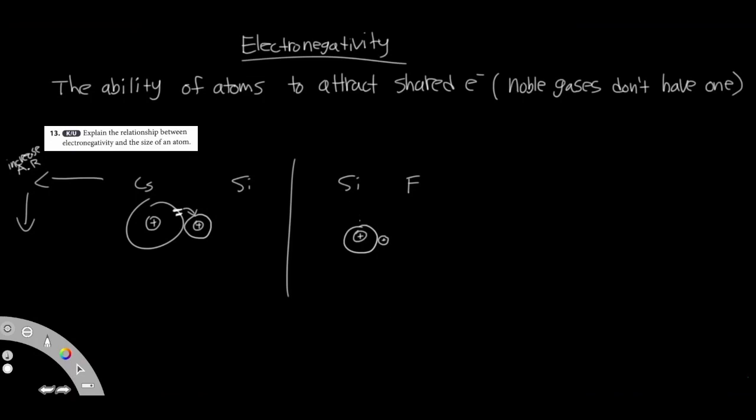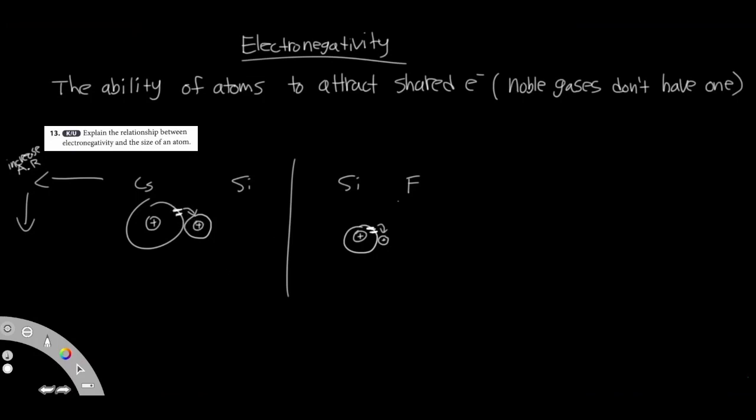Its ability to attract these electrons that are shared between the two. Remember, there is sharing between the two. Look how close it is toward its nucleus. It's a lot closer than the distance between this and this, the cesium's electron with the silicon's center.